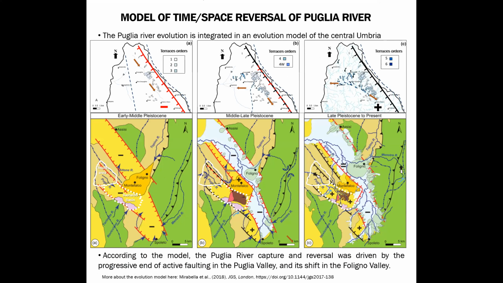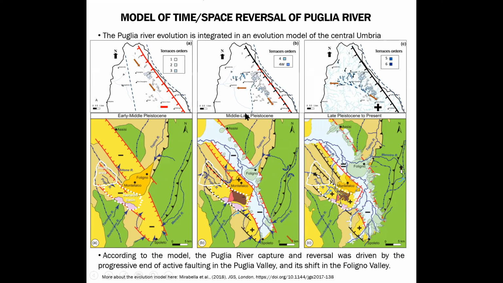Results are synthesized in a 3-stage model of time-space reversal of the Puglia River and contextualized in an evolution model of Central Umbria. According to the model, active faulting in the Puglia Valley during the early Middle Pleistocene forced the river to flow parallel to the active fault in a southeast direction toward the actively subsiding Bastardo basin.